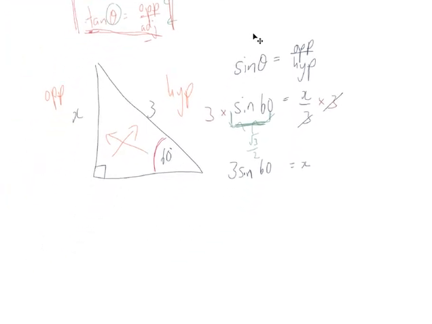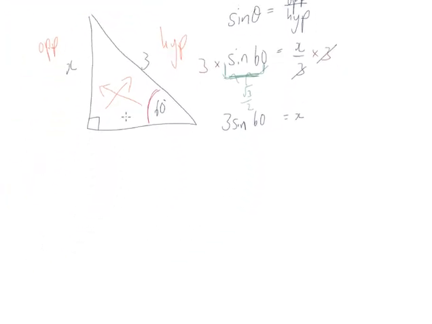Grabbing another example. This is 20 degrees here, this can be my unknown x, and this can be, say, 4. Again, I'm connecting two sides and an angle.